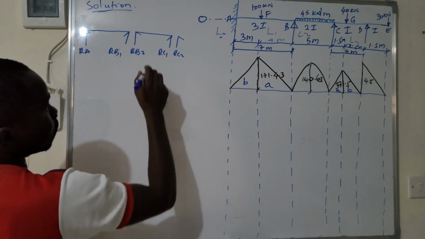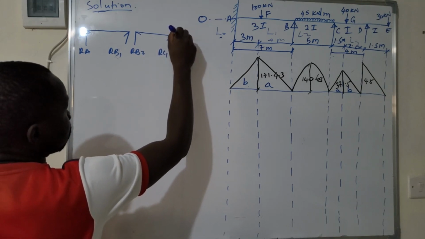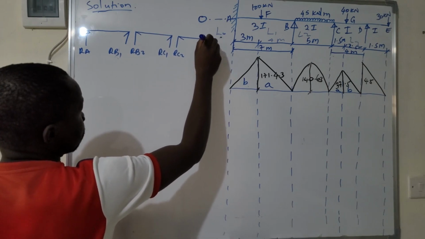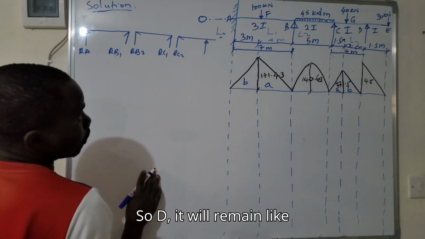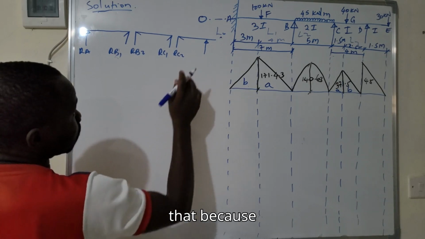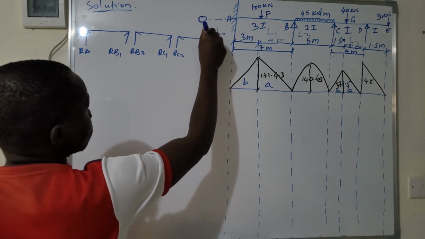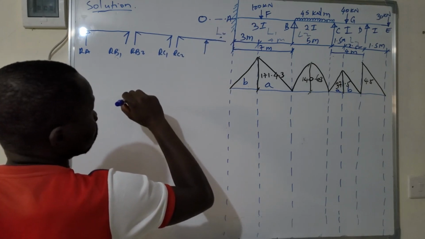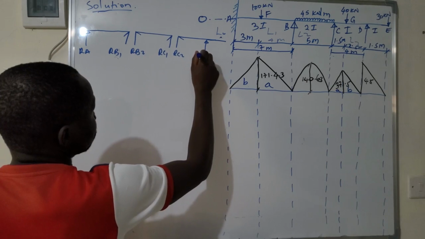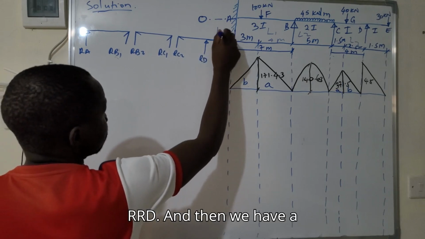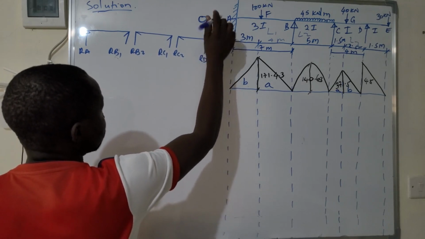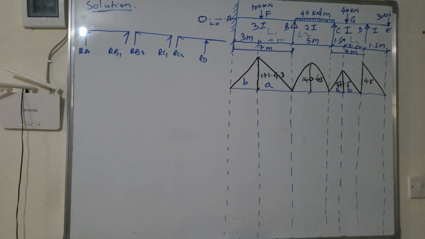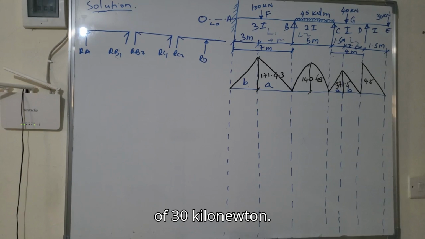We'll proceed to D. D will remain like that because it is not a common joint, so we'll have RD. And then we have a loading on top of it of 30 kilonewton.